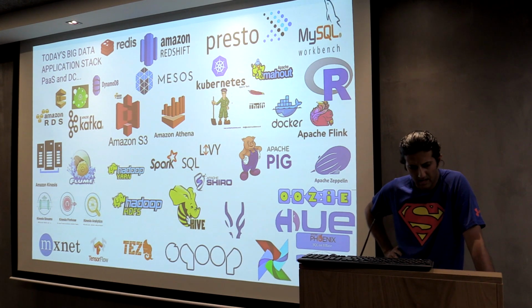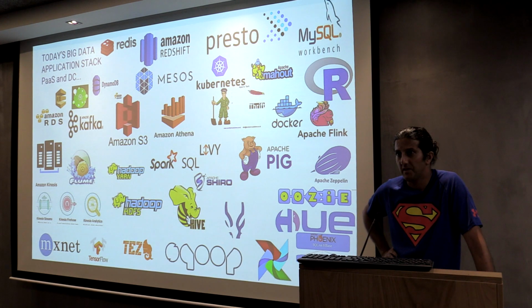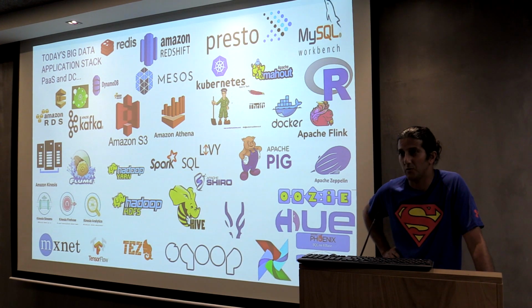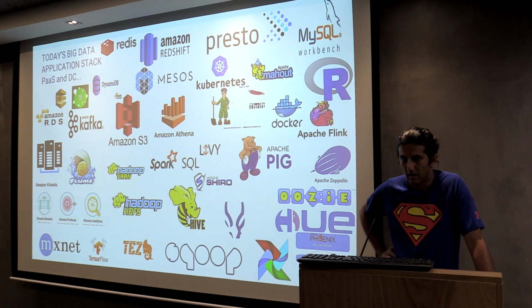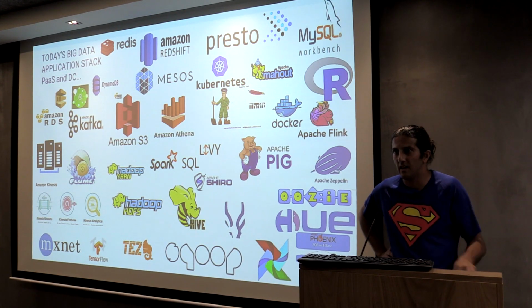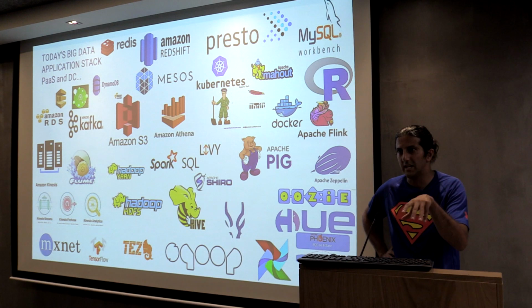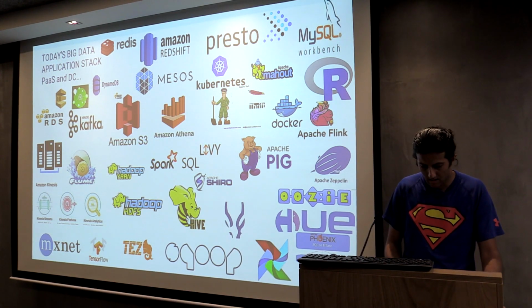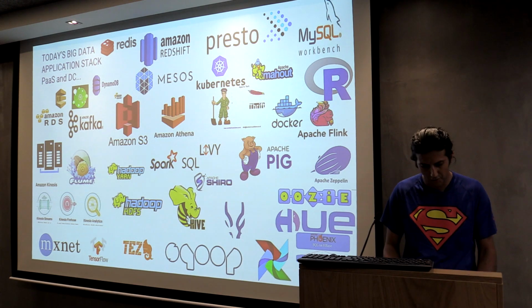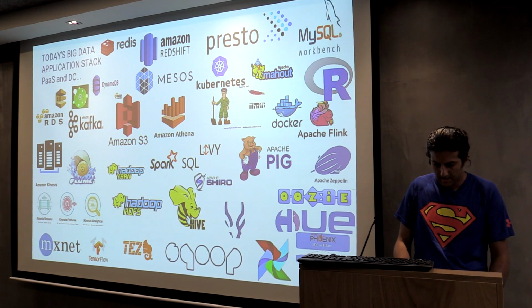It has become too complex to master all the tools available in the ecosystem. It's become a craft only to navigate through the different tools to understand the advantages and disadvantages of each technology and what is good for you or your company.